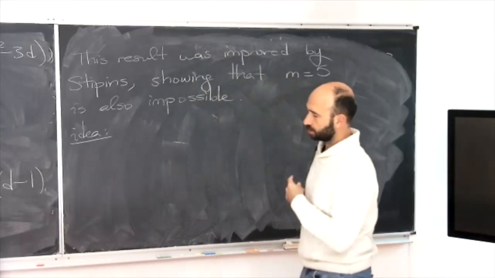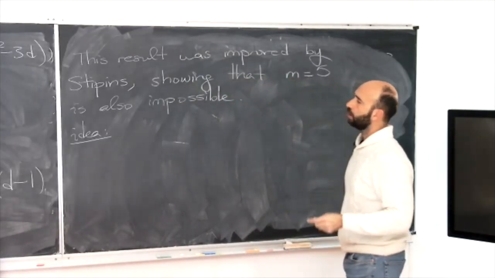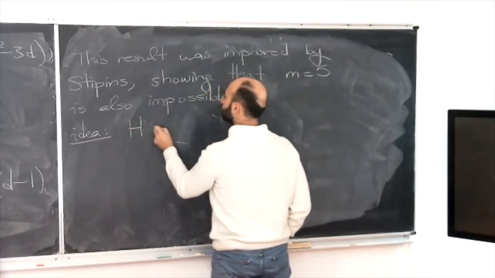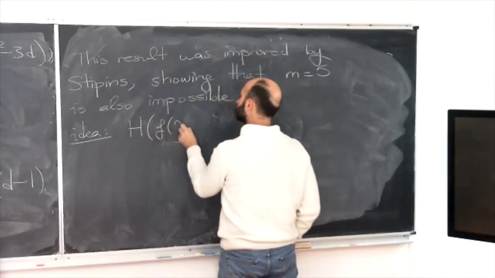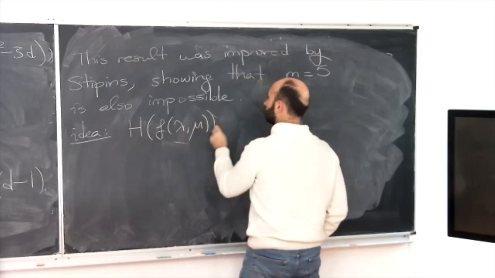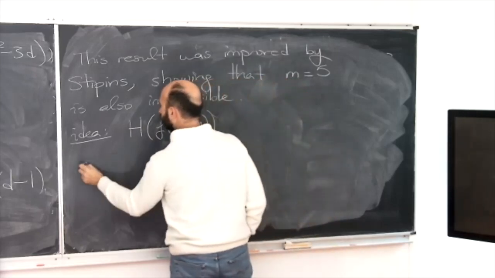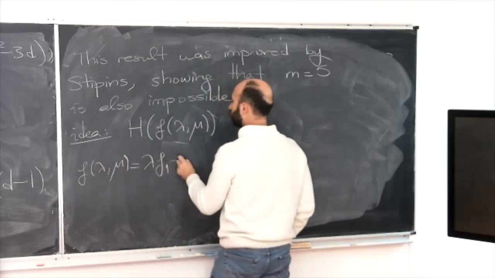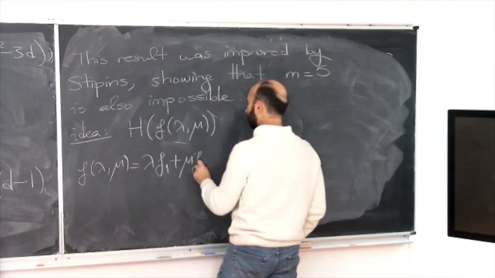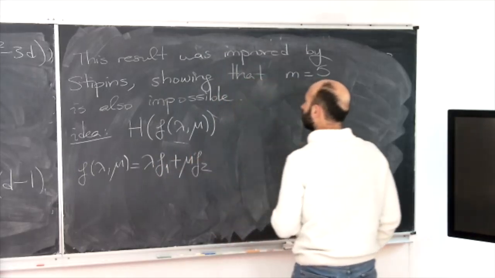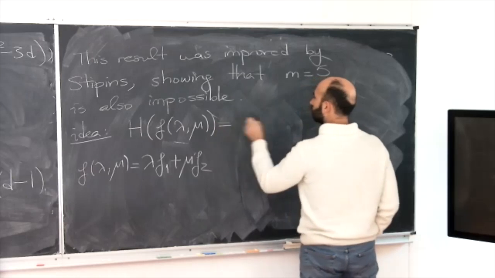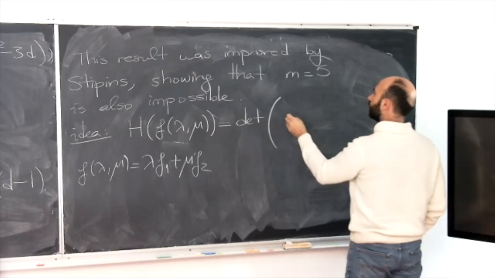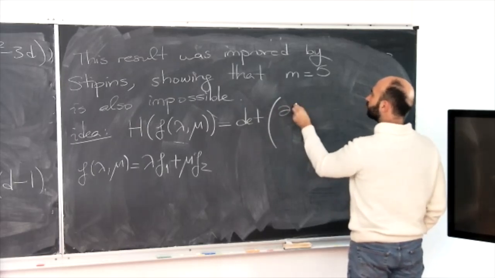Well, okay, suppose you have a pencil again like that. One looks at the Hessian. This is the pencil depending on lambda and mu. So f lambda mu is this good old pencil, lambda f1 plus mu f2 that we considered. Now, you can look at the Hessian, which is the determinant of the matrix formed by second derivatives.